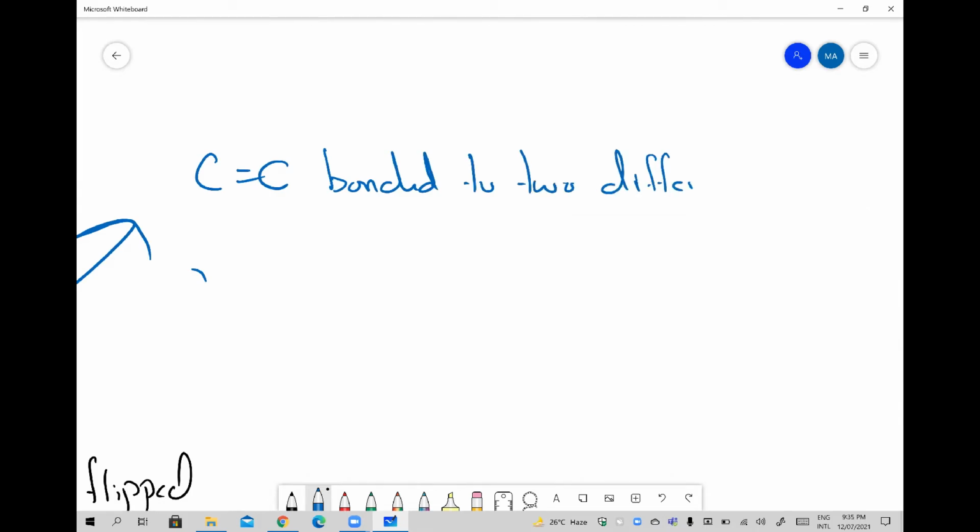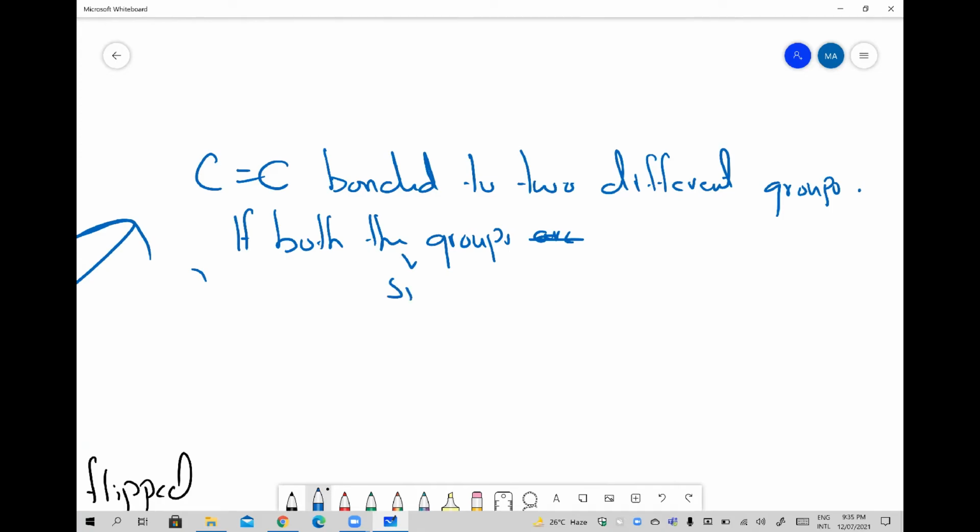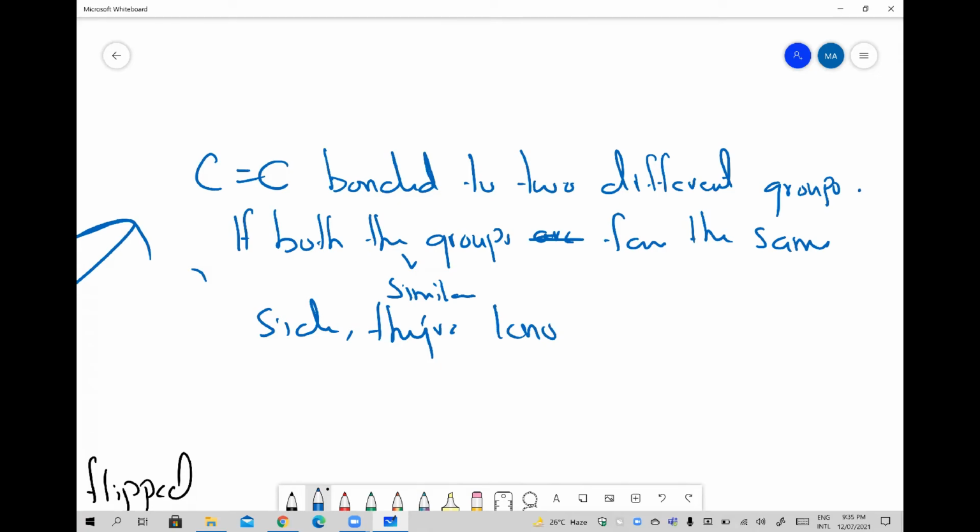If both the similar groups face the same side, they are known as cis isomers, otherwise trans isomers.